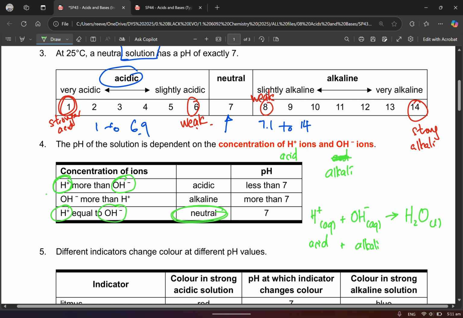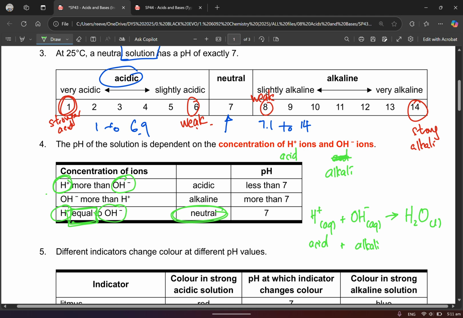And thereafter, since I do not have an excess of either H plus or OH minus, they are both equal in concentration. It forms a neutral solution, and that's why we call it neutralization. So the H plus concentration and OH minus concentration are the key players to determine whether something is acidic.